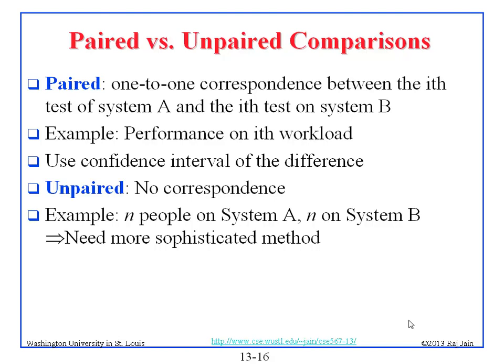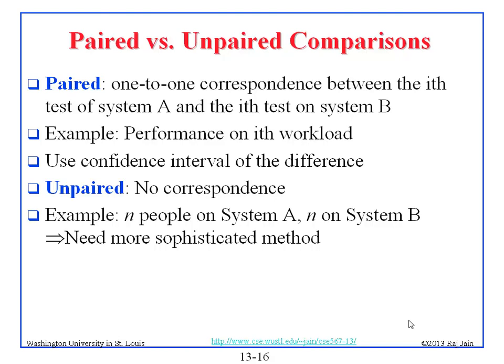On the other hand, you have unpaired observations, where you just ask 5 random people from one state and 5 random people from some other state. There is no relationship between the first person here and the first person there, right? So those are 5 random observations here and 5 random observations there. So you did 5 random things on one system and 5 random things on the second system.